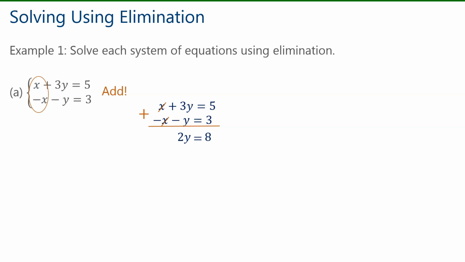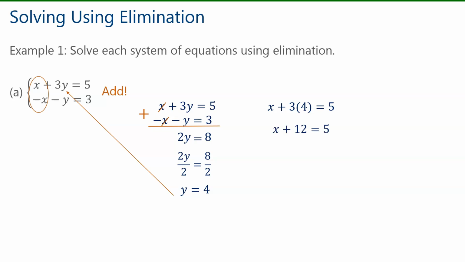Now to solve for y, I just need to divide both sides by 2, giving me a y value of 4. Now this is a step that's like substitution. To find x, you just need to replace y with 4 into the first or the second equation. So let's just say we plug it in right here. If we do that, we would have x plus 3 times 4 equals 5.